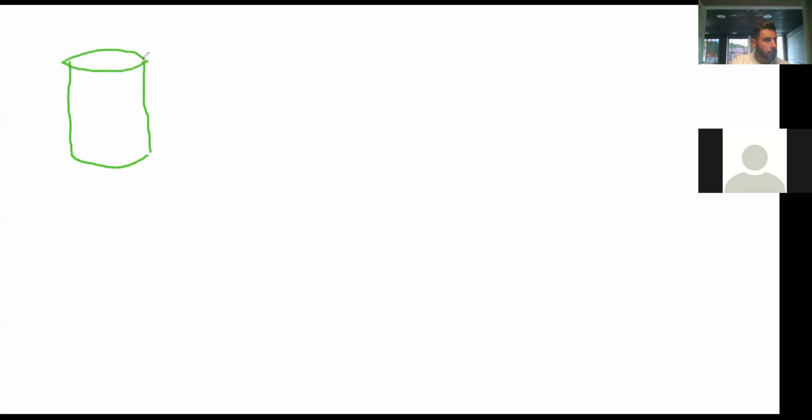So anything that looks like this has a height, and a circular top, so it has a radius. So the volume here, we all agree, is pi r squared times the height. So these are things that we're all going to agree to be true. We're making these definitions.